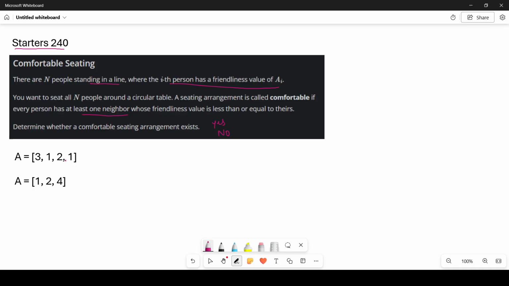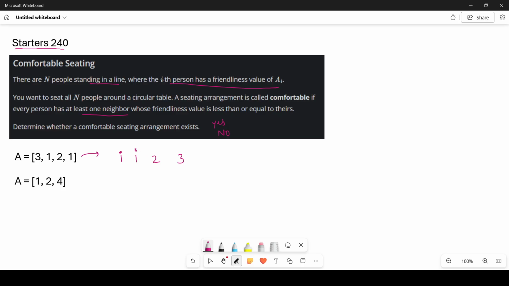In this test case, if you arrange it in increasing order, the array will look like this. And if you carefully see, every element has a neighbor which has a friendliness value less than or equal to its own. It has a neighbor 1 which has a value less than or equal to its.